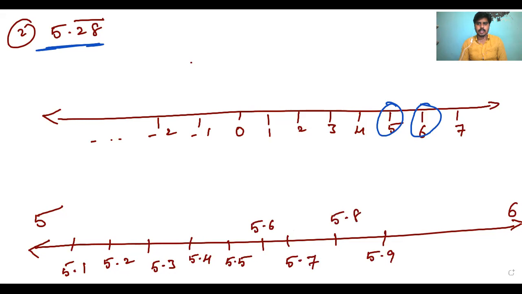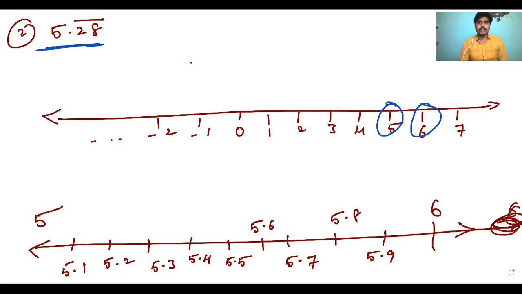This is 6 here, okay? Don't go for here. Clear? Here it is 6. Between 5 and 6, we have 5.1, 5.2, 5.3, 5.4, 5.5, 5.6, 5.7, 5.8, and 5.9.